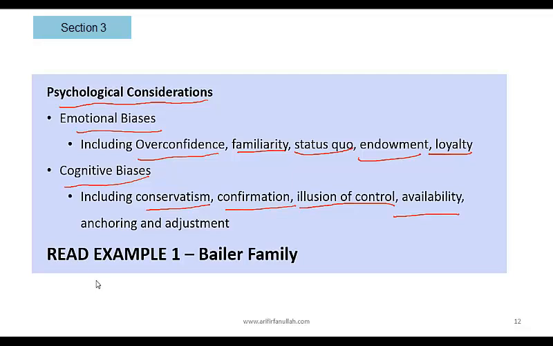So we discussed recallability in that context as well. And then we discussed a more severe form of conservatism, which was anchoring and adjustment. While conservatism can lag the market, with anchoring you essentially park yourself on a price and you are not going to move.